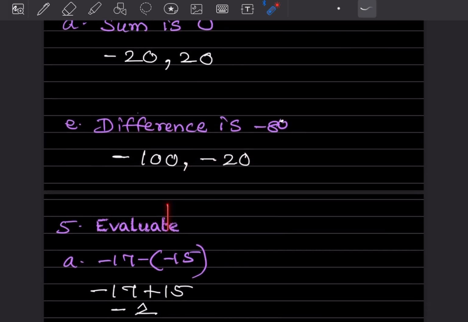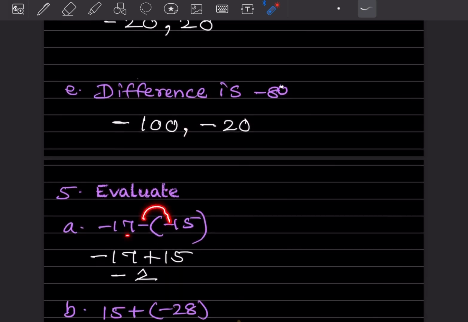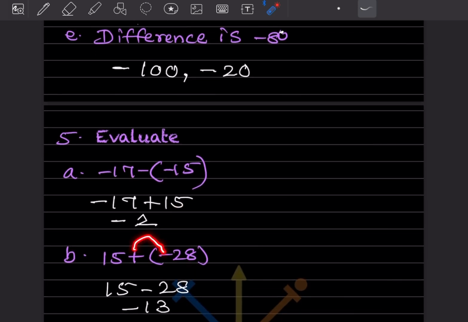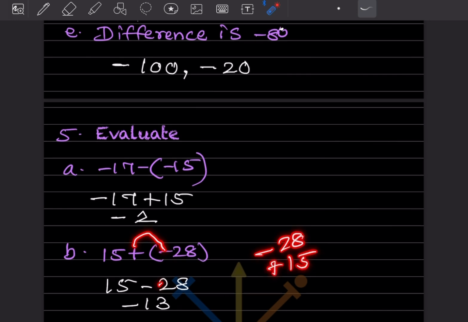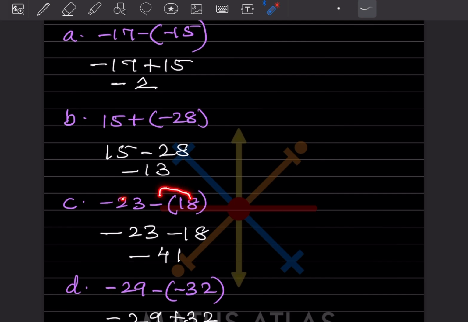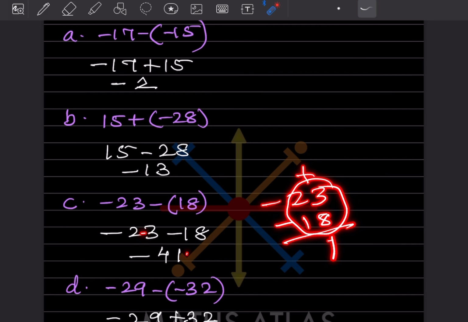Now evaluate minus 17 plus minus minus becomes plus 15. Minus 17 plus 15, that is going to be minus 2. So minus 28 plus 15, that is going to be minus 13. And this will be minus 41, because whenever we are adding, the numbers are added but the sign remains the same.